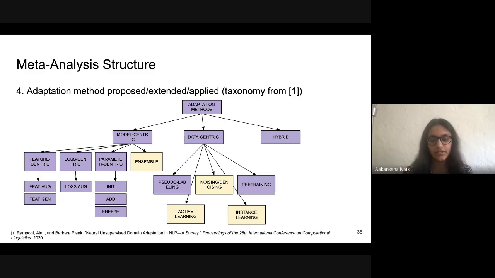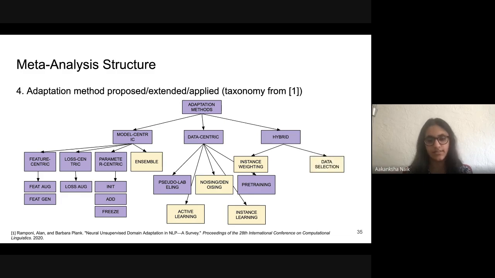And the fifth category under data-centric techniques is pre-training, which probably needs no introduction. And it's basically trying to train large language models on combinations of source and target data and using them for the adaptation process.